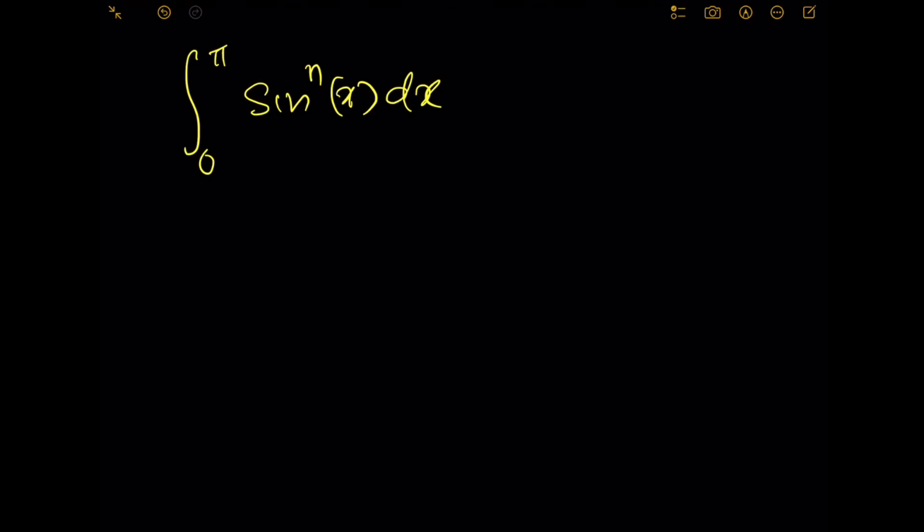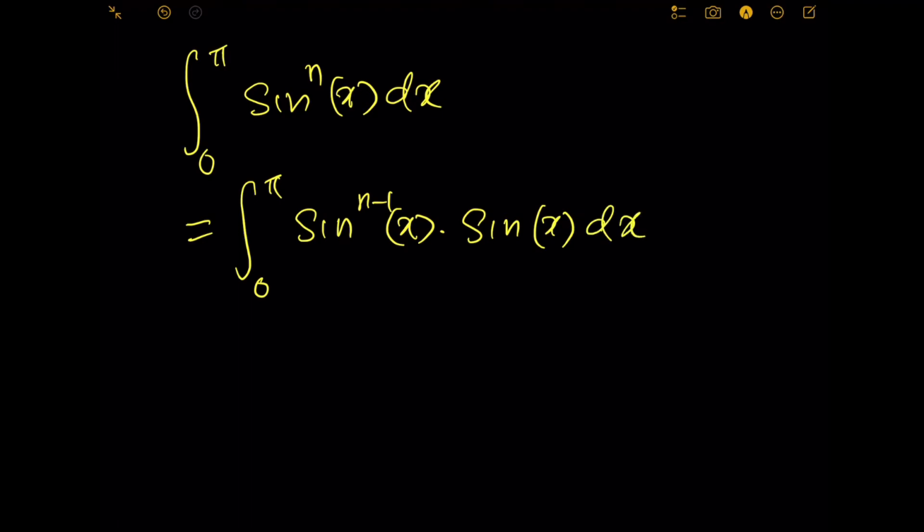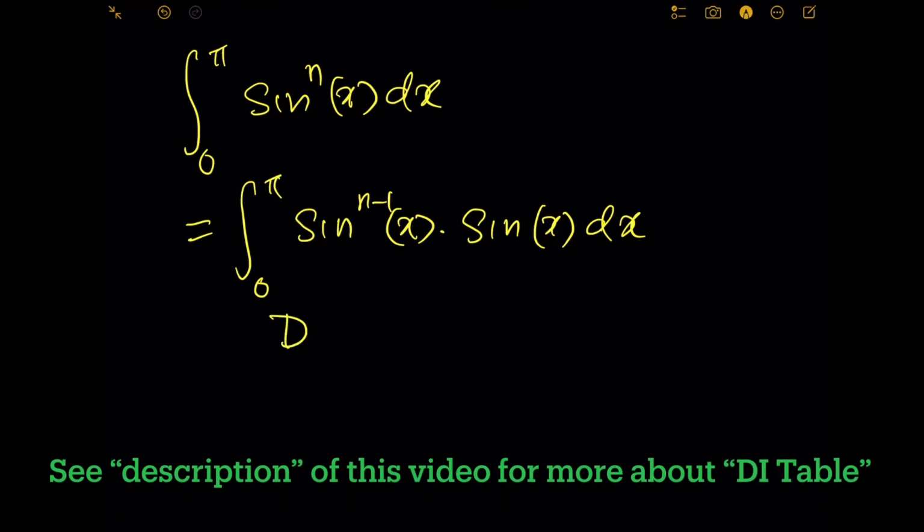Integral 0 to pi sine power n x dx, which is equal to 0 to pi, let's split the sine, becomes sine power n minus 1x multiply sine x dx. The reason we do that is to make sure we can do integration by parts. We have a d in the integration by parts, we have an I in the integration by parts, plus minus. So this is the d sine n minus 1x, while I is just sine x.